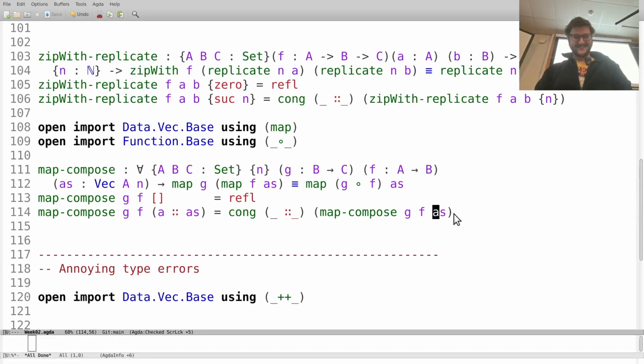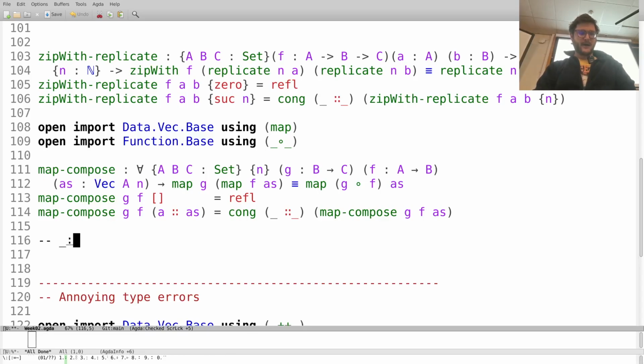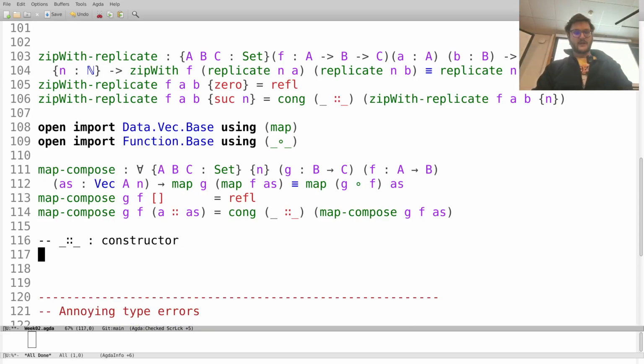Oh, very funny. Right, so just a reminder, this is just the constructor alone, right? No spaces whatsoever around it. So it takes 2 arguments and returns a value. This is the left section.